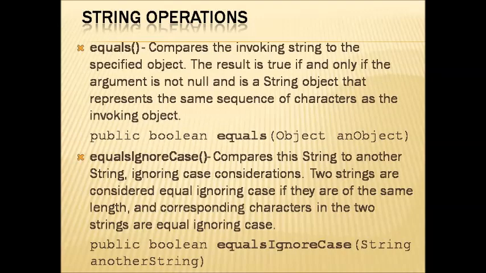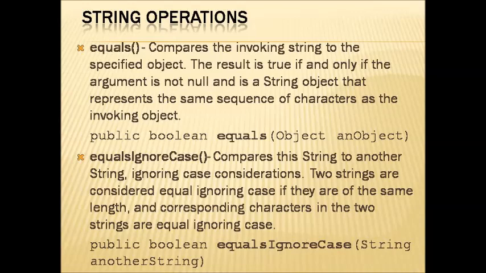Here we can see the equals and equalsIgnoreCase functions. Both these functions return a boolean value, either true or false. Equals is case sensitive, and equalsIgnoreCase is case insensitive, right?